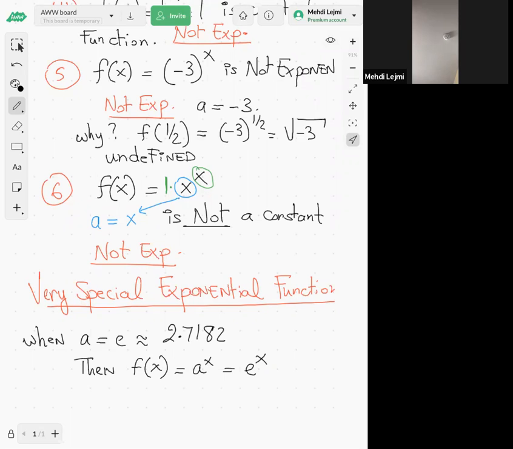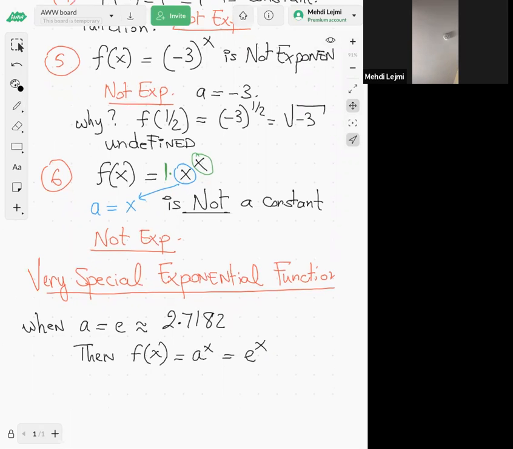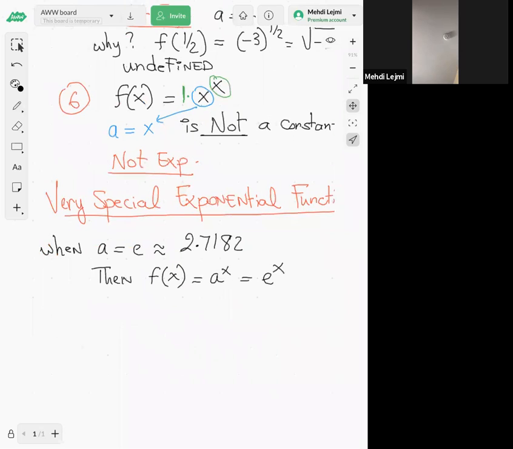What's special about this exponential function is that, and I guess you will see this in Calc 1, I mean, this is just for your information, right? What's special about this e to the x when a is equal to this number e is that f of x would be equal to its derivative.